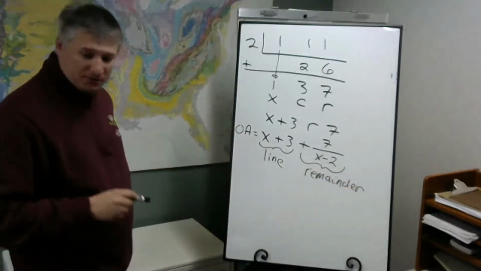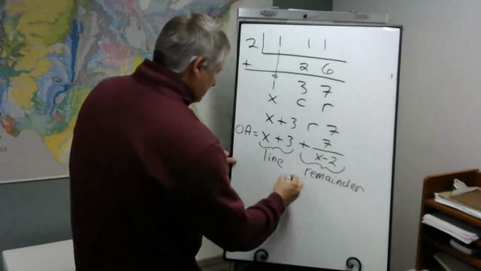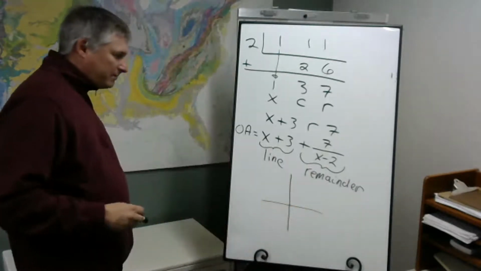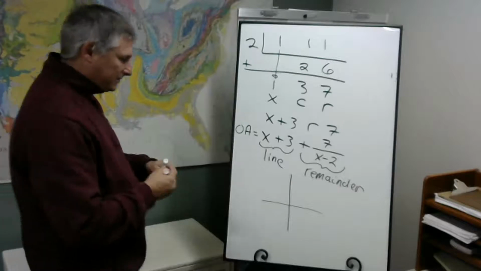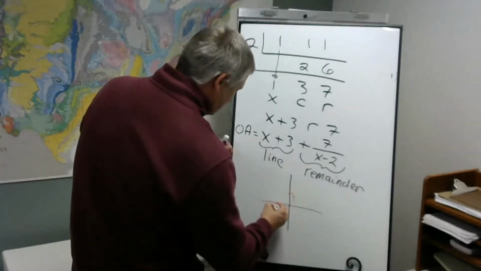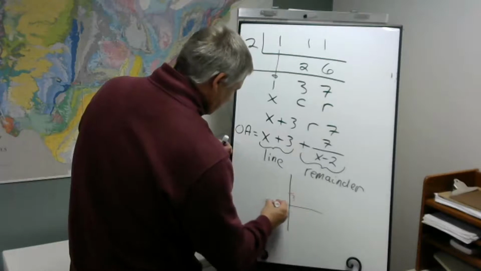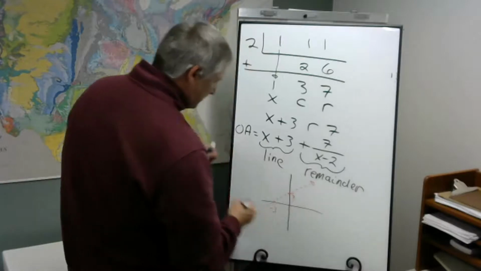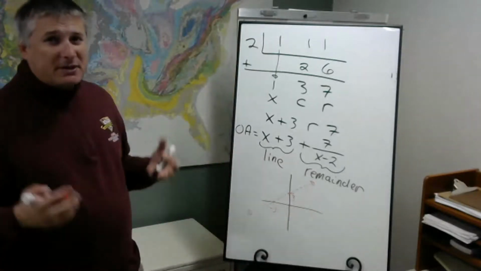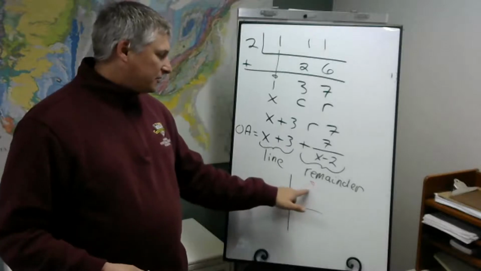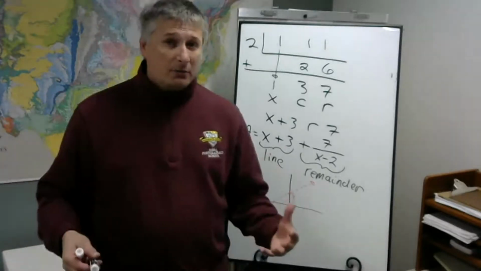So if we're graphing this function, we're going to make sure that we have an oblique asymptote going through here. And then what happens as x gets bigger and bigger, our function is going to get closer to this line and start following it.